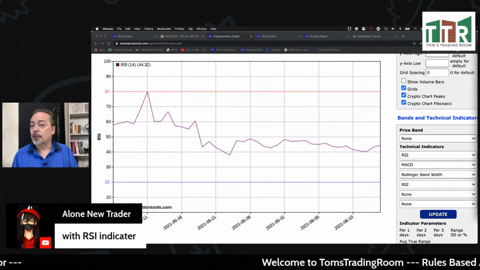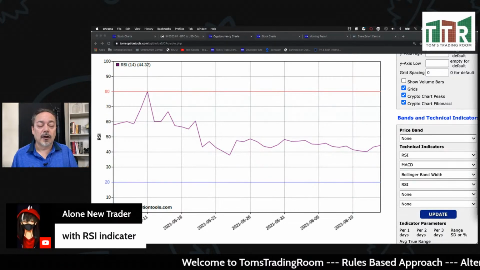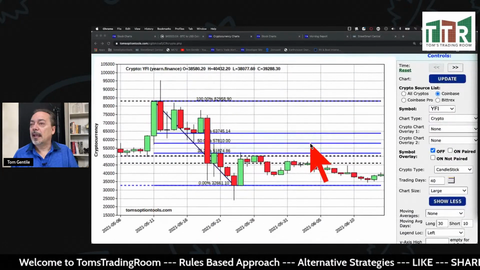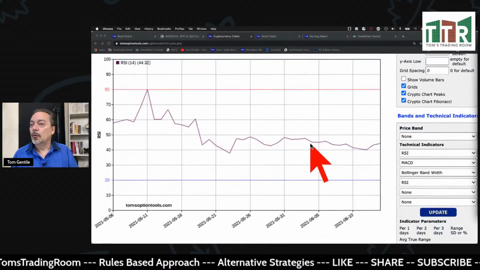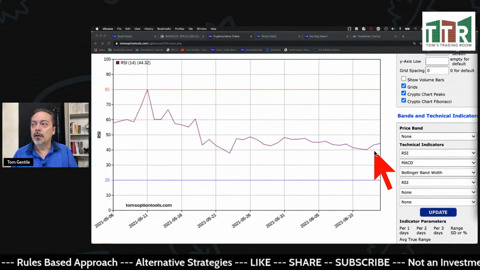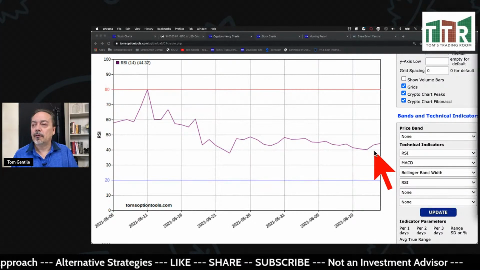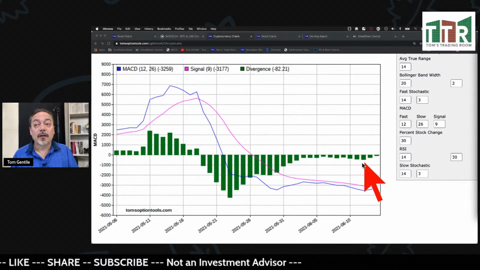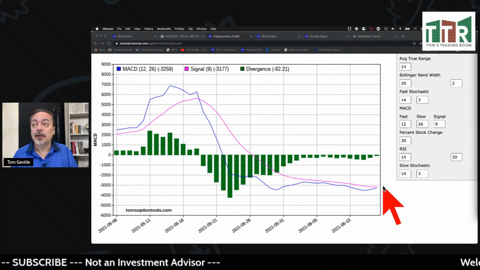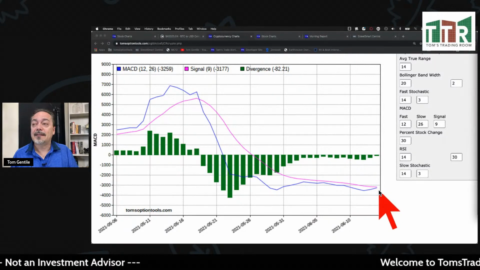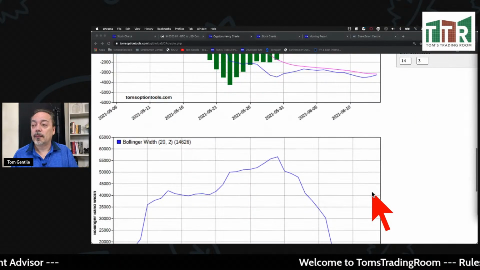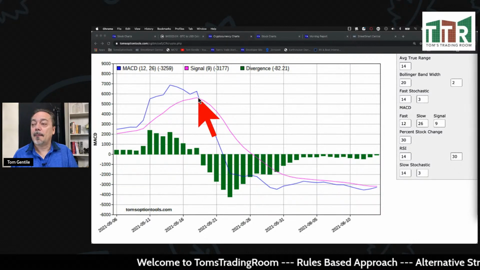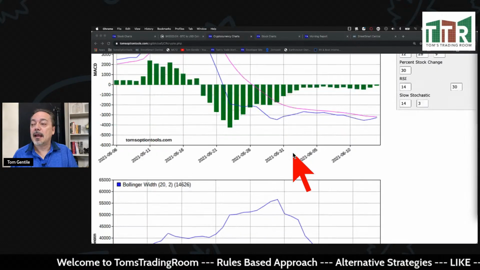If I throw an indicator on there, like the RSI, and that's what we see right now, if you scroll down, you can see what the RSI looks like. Nowhere near the buy zone or sell zone. MACD is negative, but it's coming up fast. And the other thing I notice here is we're about to get a MACD cross. That's bullish. We haven't seen a MACD cross since the bearish cross that happened back in mid-May.